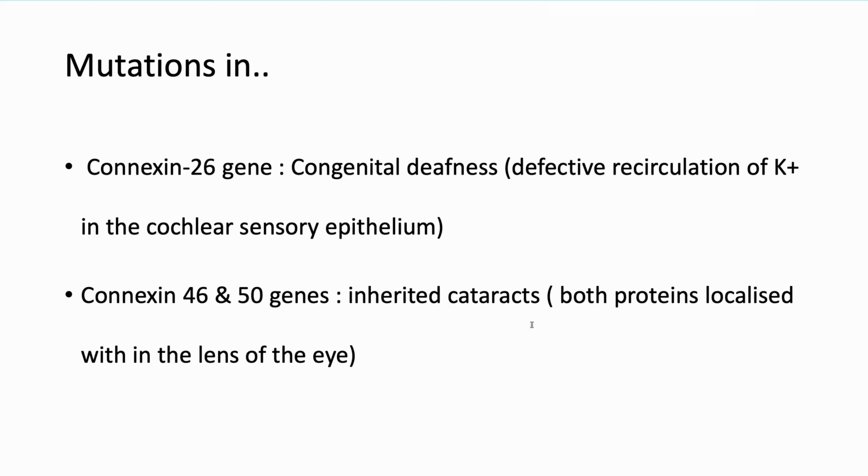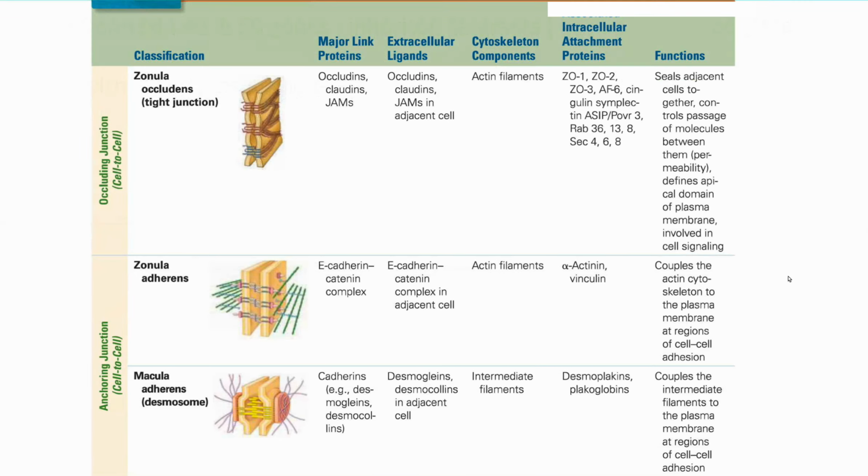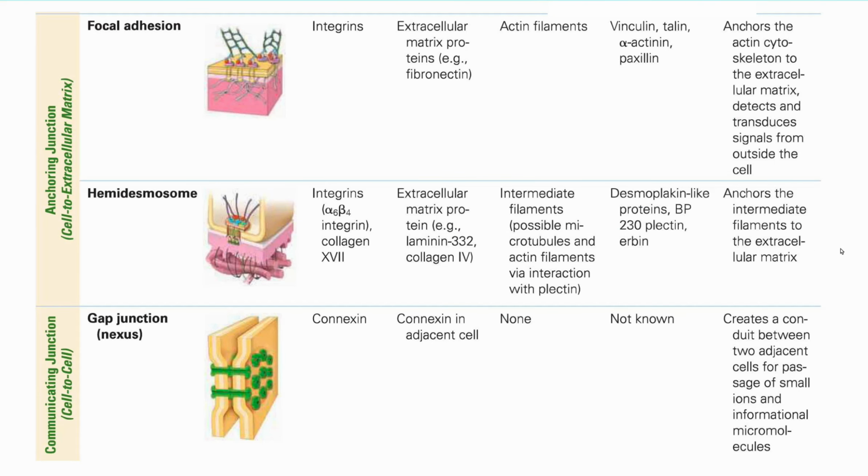So, the coming 2 slides will describe the cell junctions in a nutshell. So, you can take a screenshot of this page and you can compare different types of specialized cell junctions very easily. This is the first page, and this is the second page.